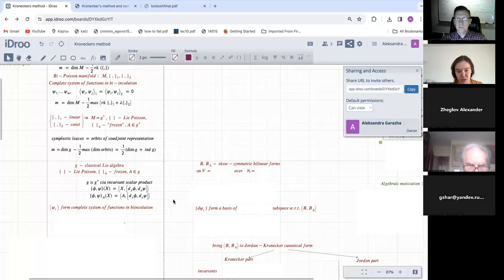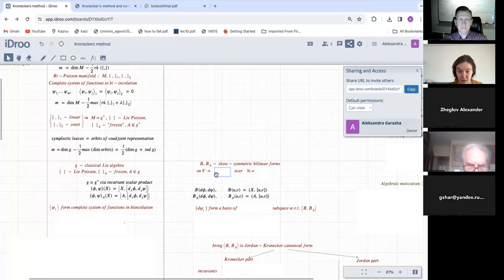Our algebraic approach is to consider these two brackets as skew-symmetric bilinear forms on some bigger vector space over some field.